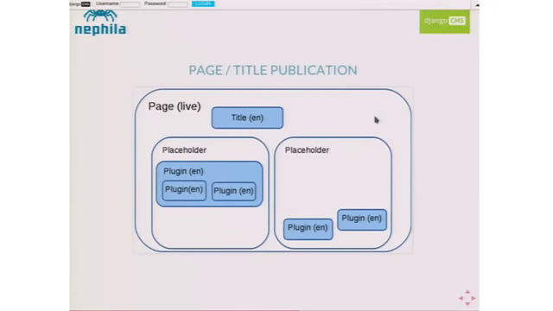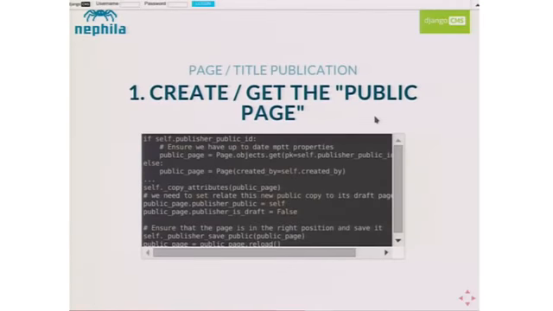And in the process, we are going to copy the placeholders too, obviously. So let's see a bit of the code. It is heavily edited because the code is quite lengthy, but I'll try to explain the most important parts. Then we can go into details if you want during the questions.